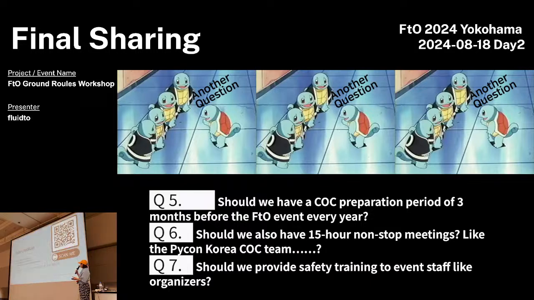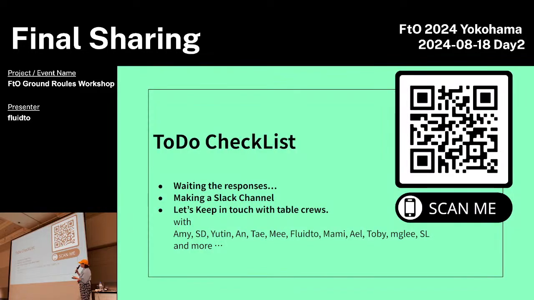To-do checklist: waiting for responses. If you photograph this QR code, you can access the survey report form, so you can write down your small or big, bad or good experiences during the event. I want you to feel comfortable writing them down. And number 2 is making a Slack channel.